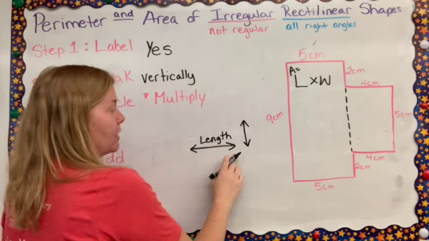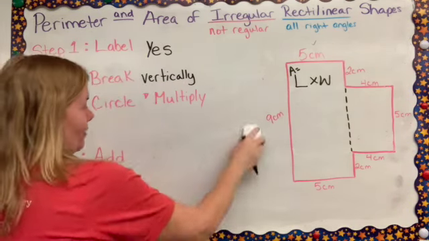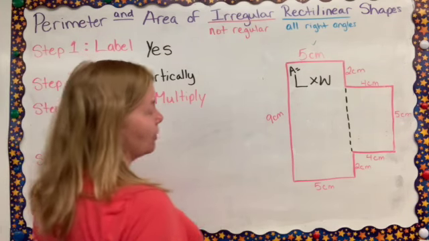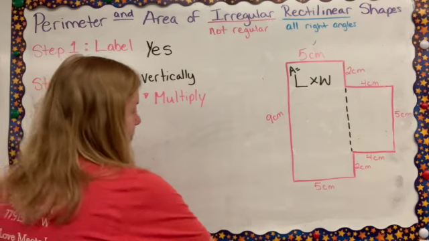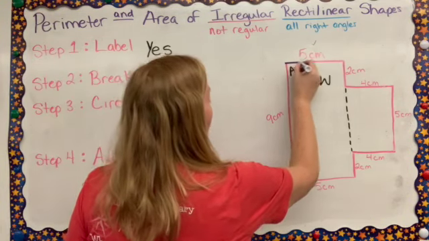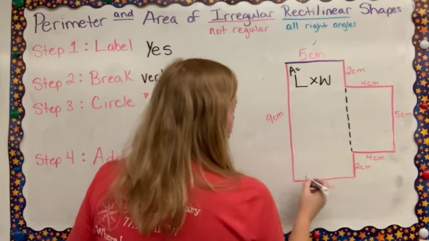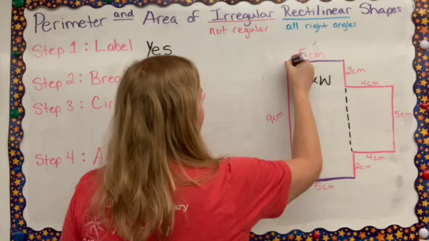So length is horizontal, width is vertical. What is my length? I'm looking at all the horizontal lines that have to do with just this shape. Only worried about this shape. I'm going to outline it in purple, so you can see that we're only talking about how long this shape is. How long is this shape?